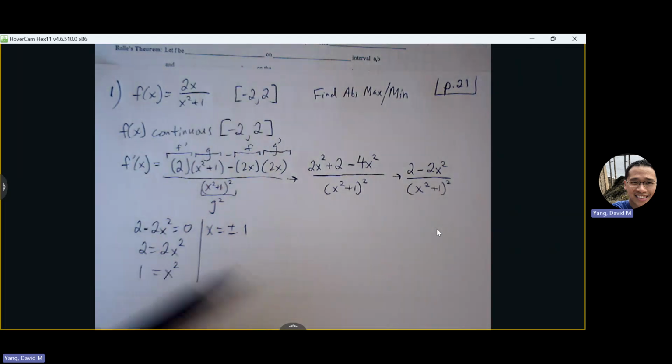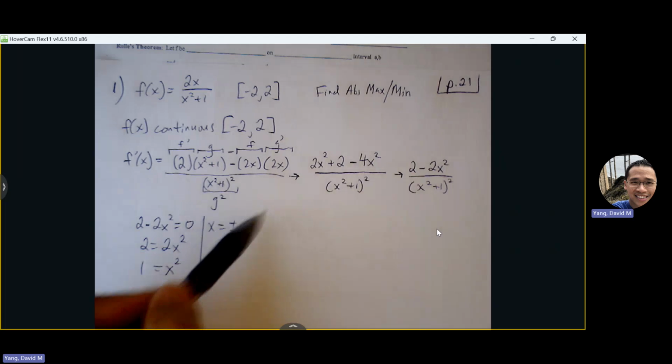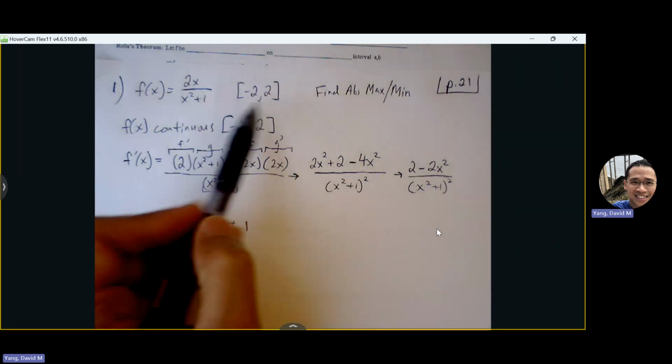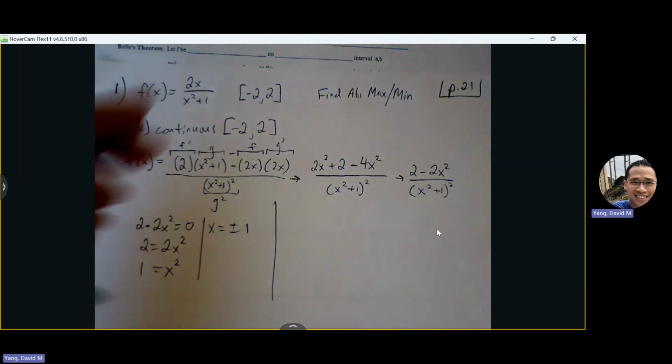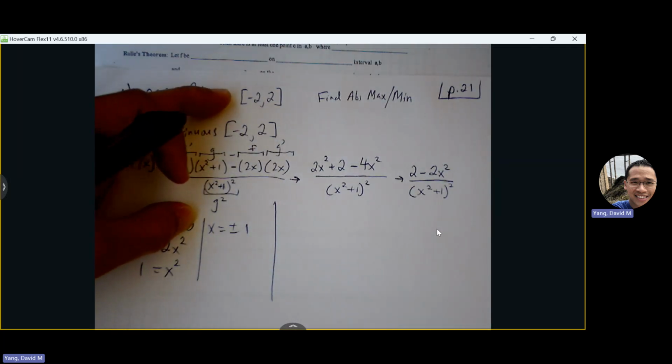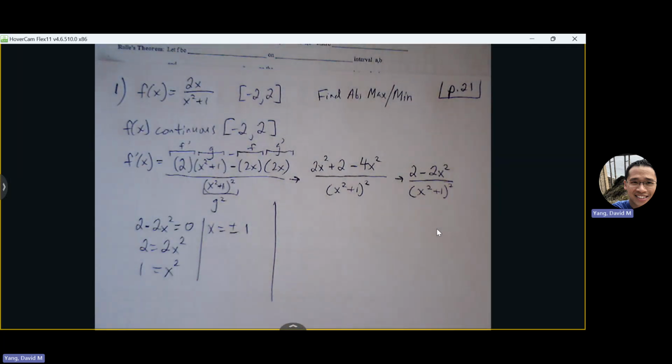But anytime you find critical points with extreme value theorem, we always want to make sure that we're confirming with the endpoints, right? Sometimes all your critical points may be outside the interval. If that's the case, then you're just going to test endpoints. And by testing endpoints and critical points, we mean plugging them back into the original function.